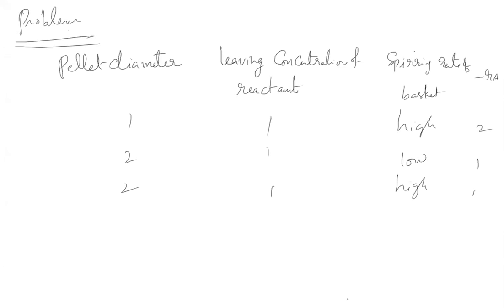So the question is, following isothermal kinetic data are obtained in a basket type of mixed flow reactor for a porous catalyst. Determine the role of pore diffusion and external mass transfer processes. This is the data which is given.